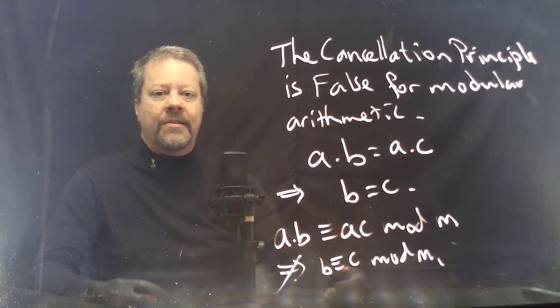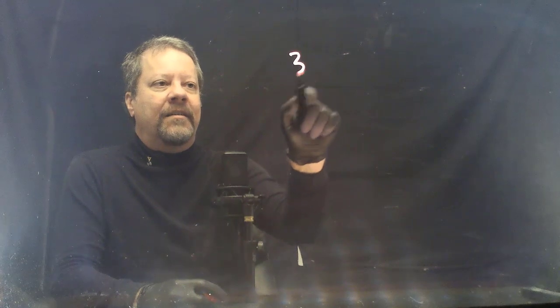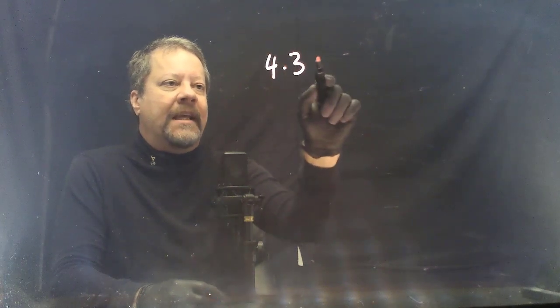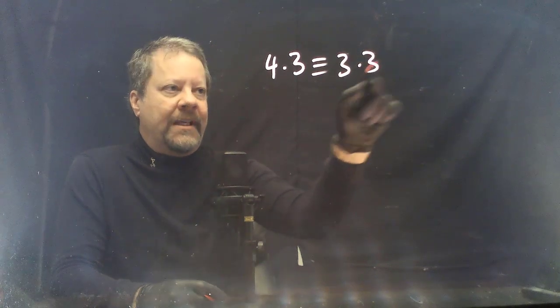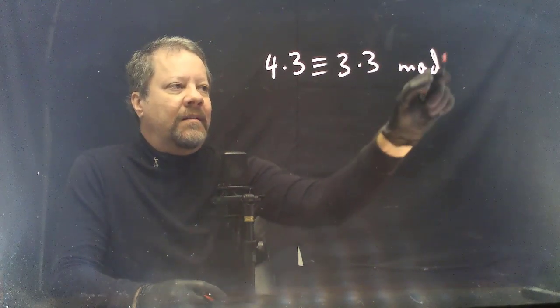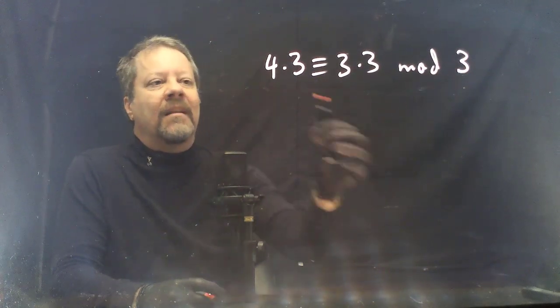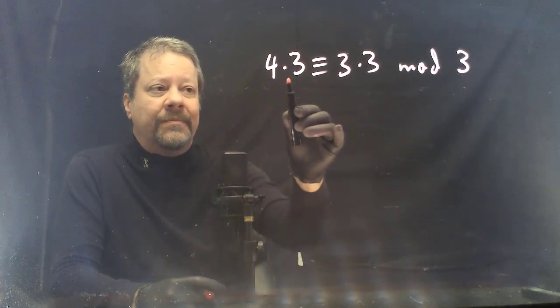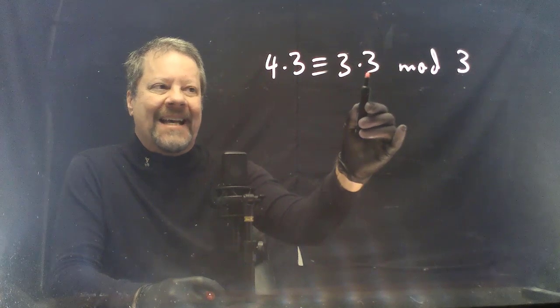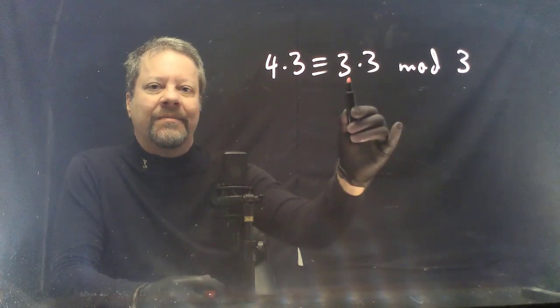To see this, let's look at an example. Note that 4 times 3 is congruent to 3 times 3 mod 3. 4 times 3 is 12, that's congruent to 0. And 3 times 3 is 9, which is also congruent to 0.